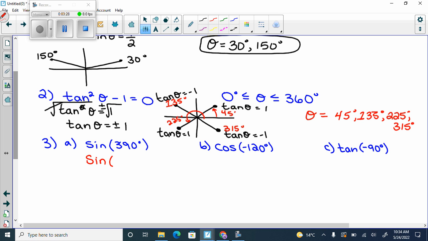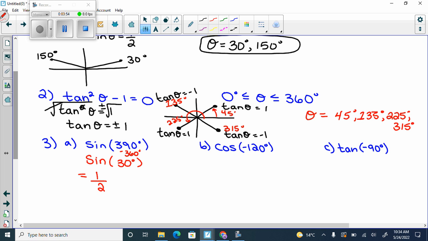So if I go 390, subtract 360, I get 30. Now sine is what? The x or the y? It's the y. So when I go to sine, when I go to 30, I pick off the y. What's the answer? At 30, what's your y? 1/2. Done.